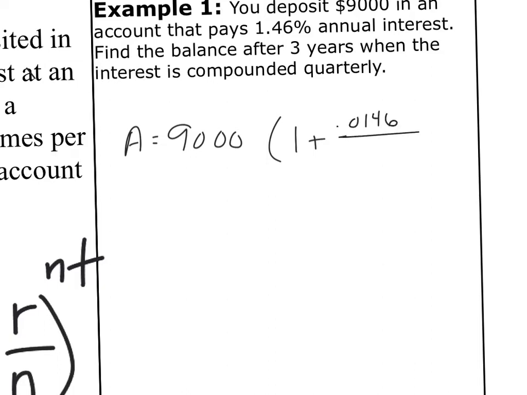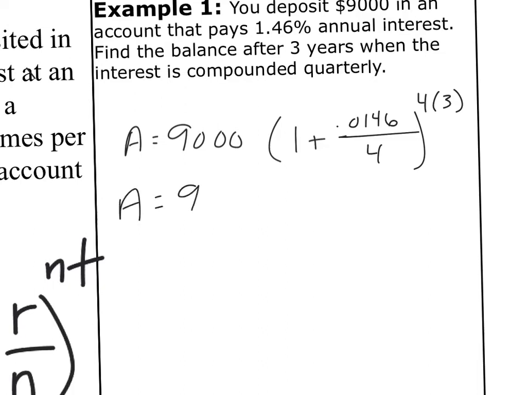That's because when I convert it to a decimal, I move it to the left 2 spaces. Now, the n on the bottom we said was quarterly, so that's 4 times a year. Now, I'm going to raise that to the 4 times a year, and the years that I do it across is 3, okay? So when you plug this into a calculator, let's go ahead and do that.